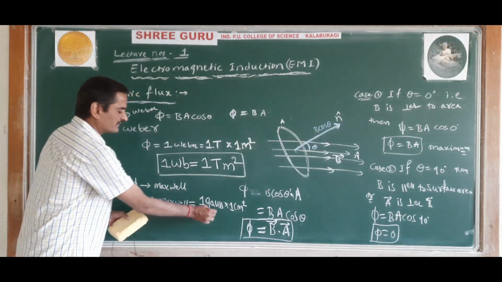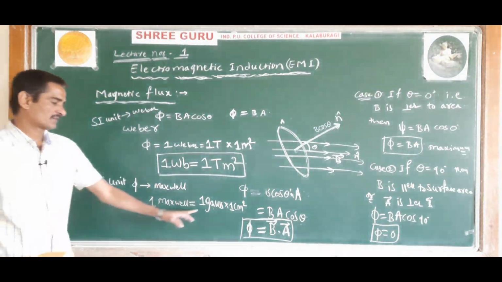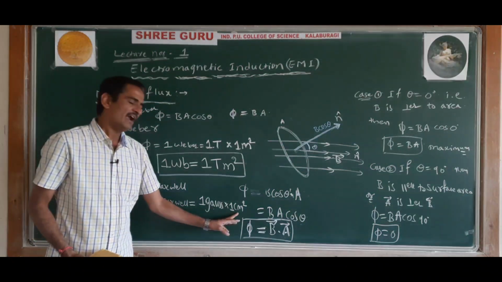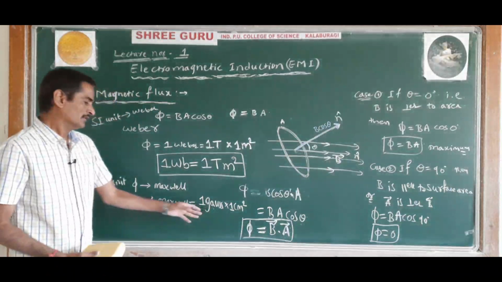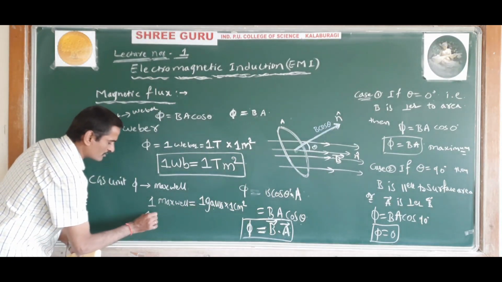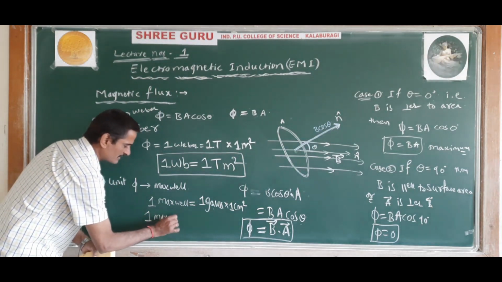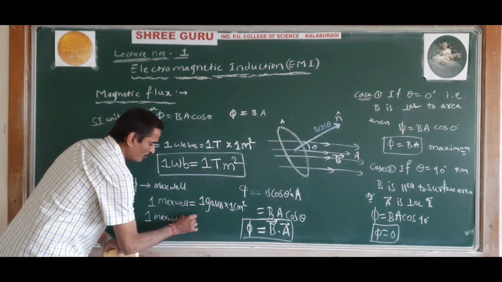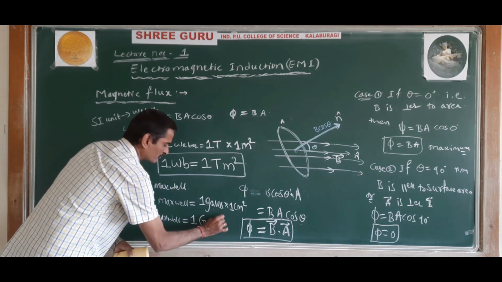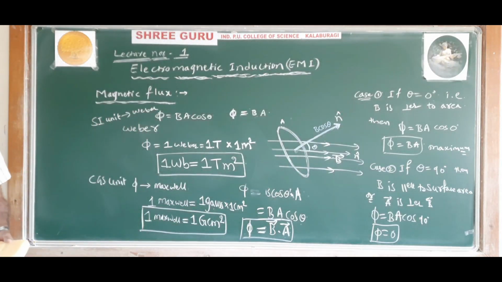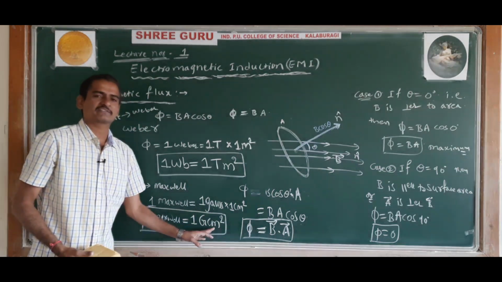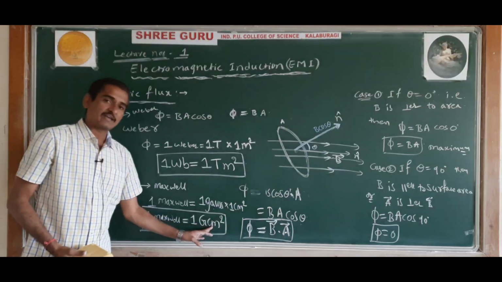Gauss is the CGS unit of magnetic field, and centimeter square is the CGS unit of area. Understood? So therefore 1 Maxwell is equal to 1 Gauss centimeter square.